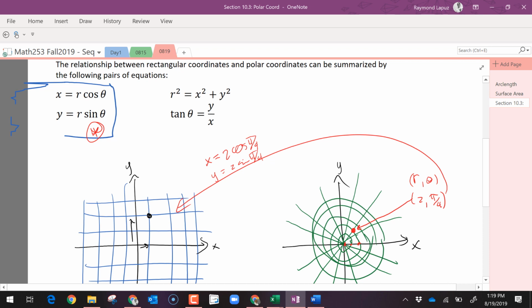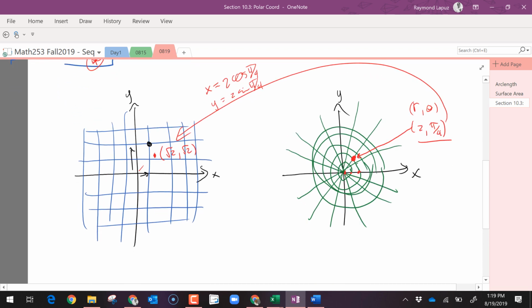Root 2 over 2 times 2 is just root 2. So the point 2 comma pi over 4 in polar coordinates is equivalent to root 2 comma root 2 in Cartesian coordinates.